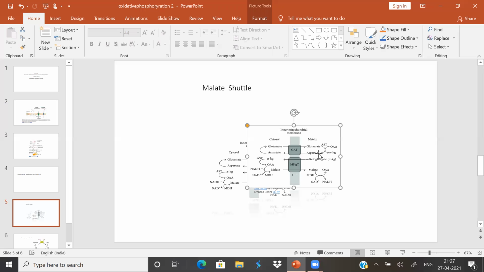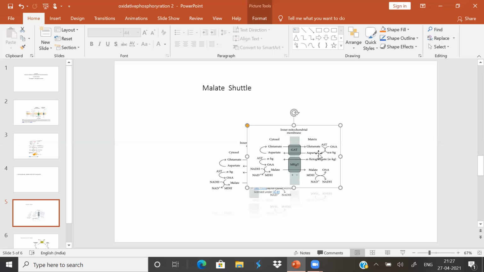And this alpha ketoglutarate and aspartate come out through other transporters. The aspartate comes out through the aspartate transporter, and alpha ketoglutarate comes out through another transporter from the matrix into the cytosol. Here, alpha ketoglutarate and aspartate are again converted by another transamination reaction into glutamate and oxaloacetate.